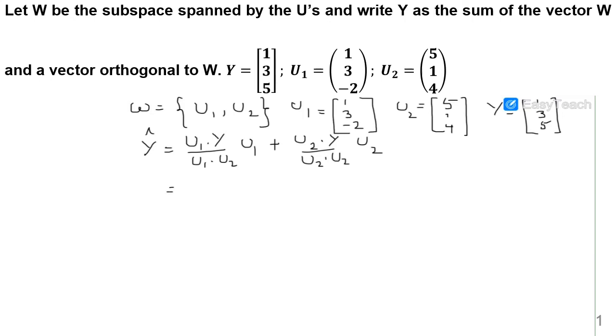That gives you u1, which is given as (1, 3, -2).